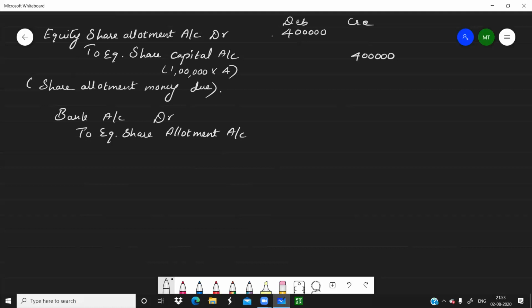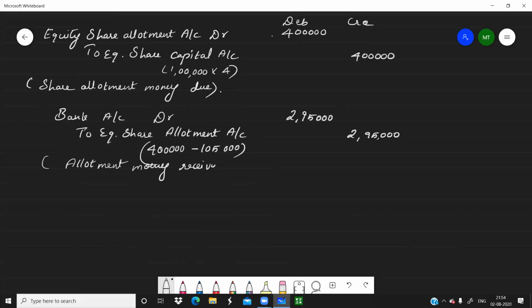From the 4 lakh allotment, we must subtract the amount already received through equity share applications. So 4 lakh minus 1,05,000 rupees, the amount is 2,95,000. The narration is allotment money received.